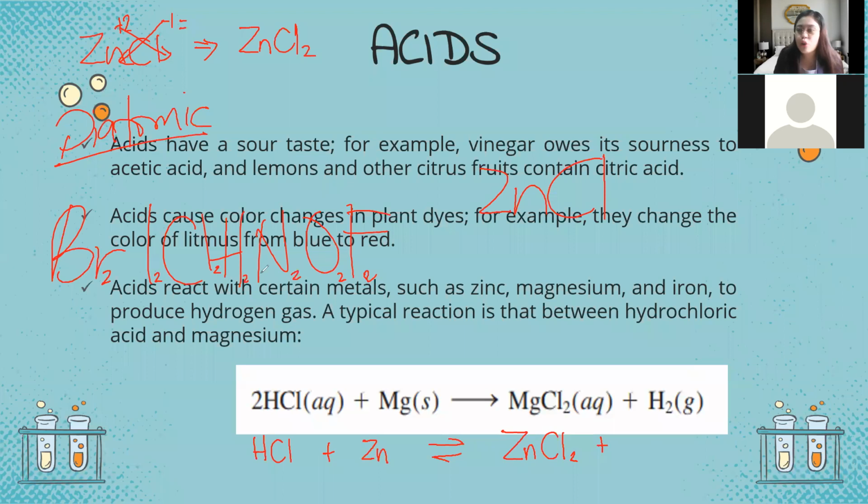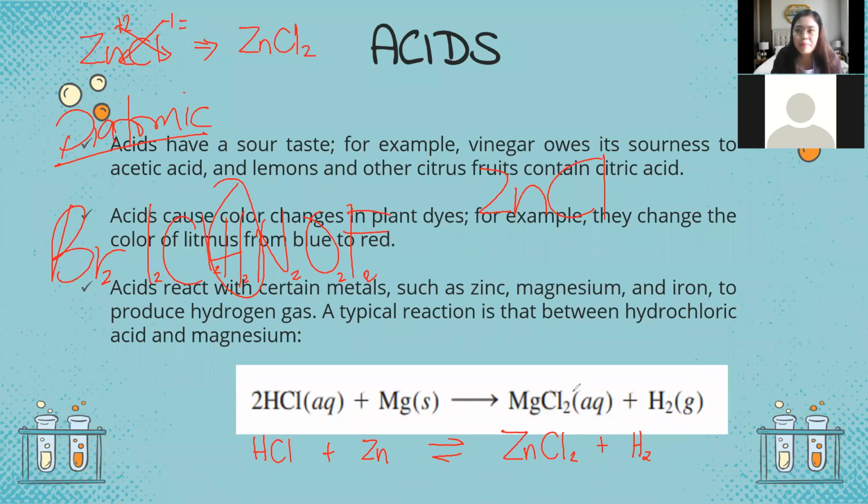So again, diatomic molecule sila. So included dyan si hydrogen, meaning kapag hindi siya nakakombine with other substance, dalawang atom siya. So this is now the reaction. Hydrochloric acid plus zinc will give you zinc chloride plus hydrogen.